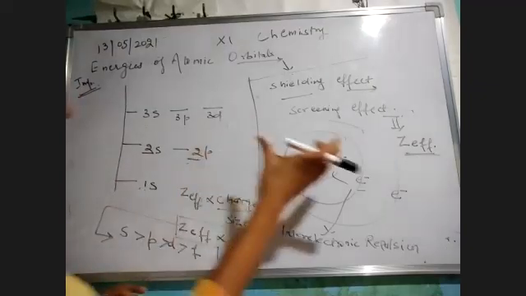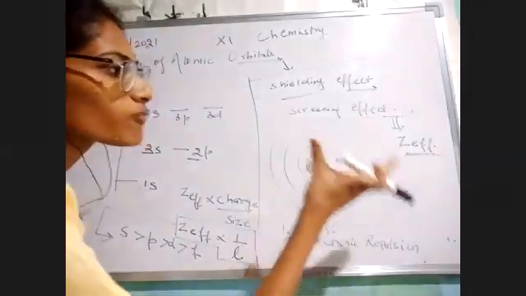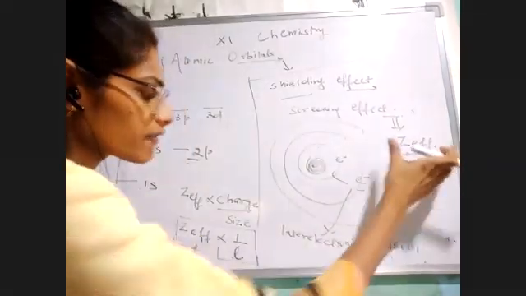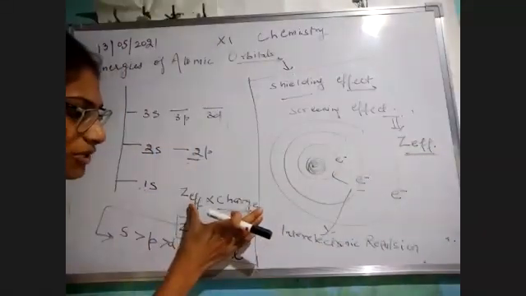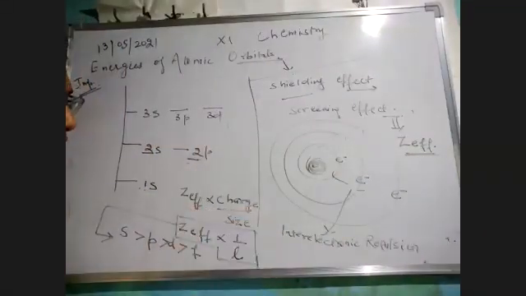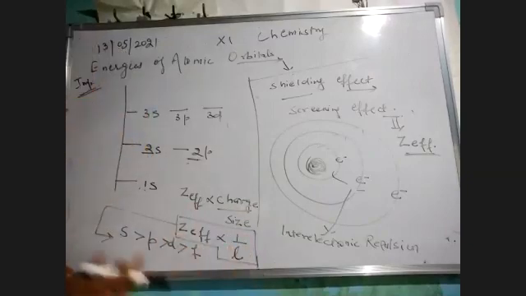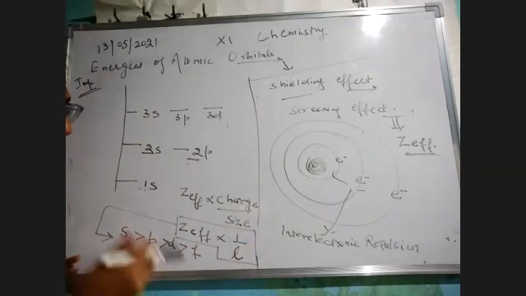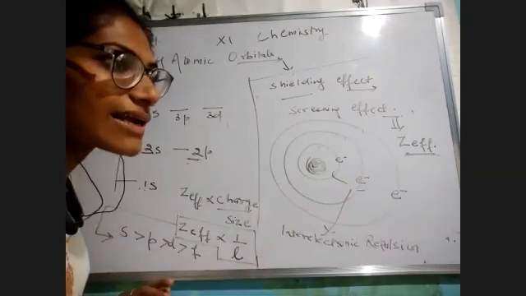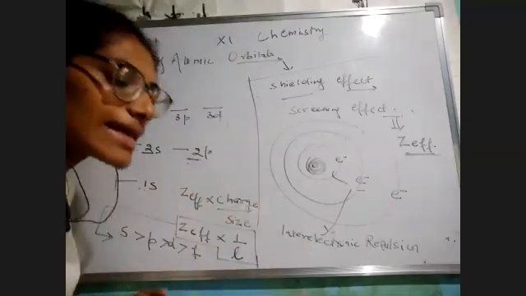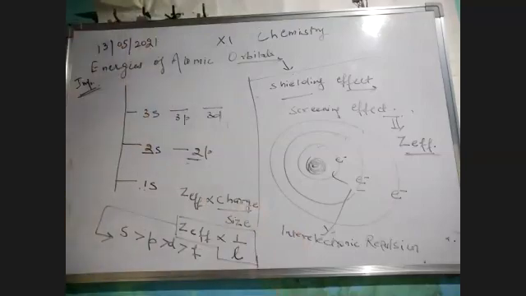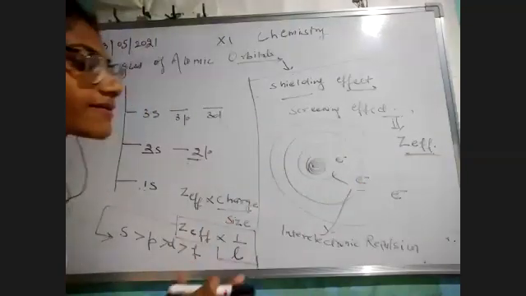Third point, what is the shielding effect? And what is it is known as Z effective. Z effective is directly proportional to charge upon size. Fourth point, it is inversely proportional to L. So we can say S, P, D, and F, the far away the electrons are, they would feel the less Z effective. Okay, so this was the whole concept we have studied.